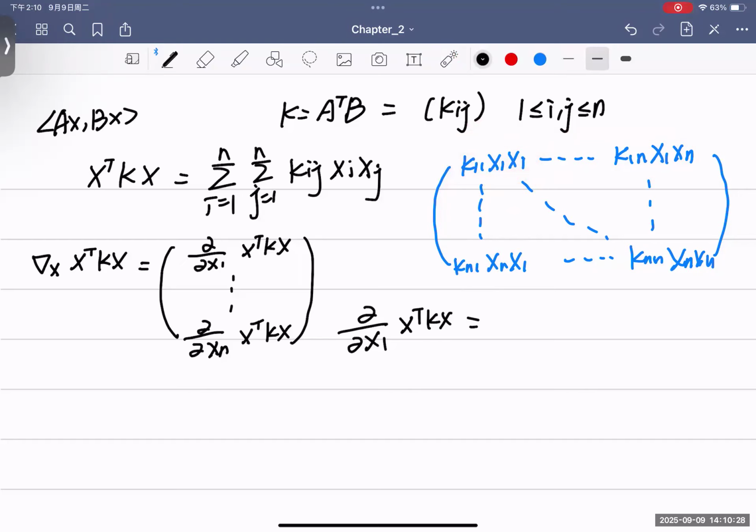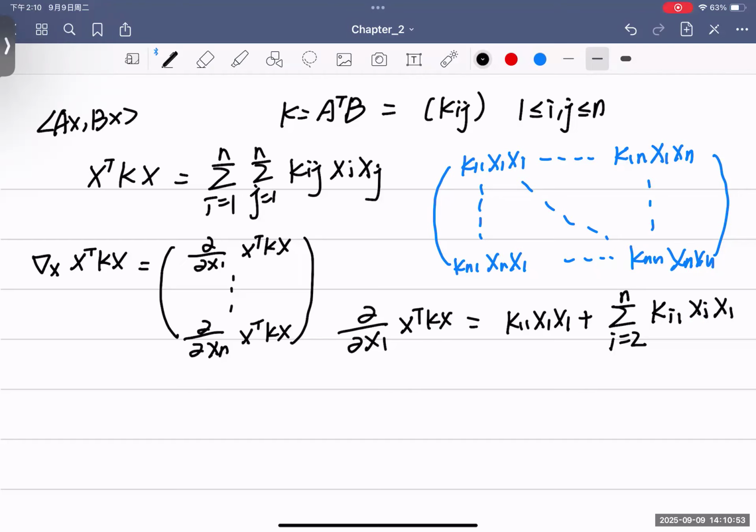So it's k11 x1 x1, plus the remaining values in the first column: sum over i from 2 to n of ki1 xi x1.